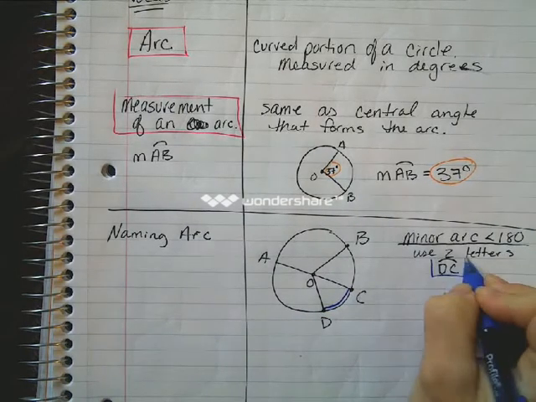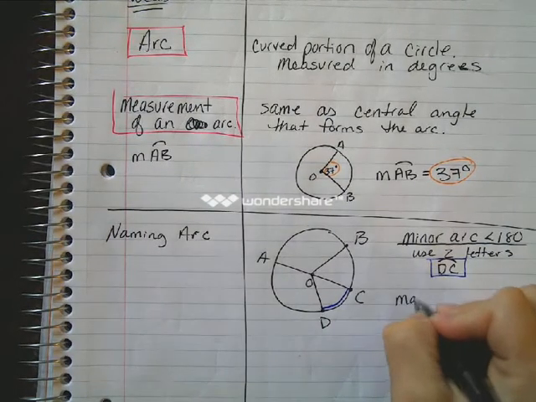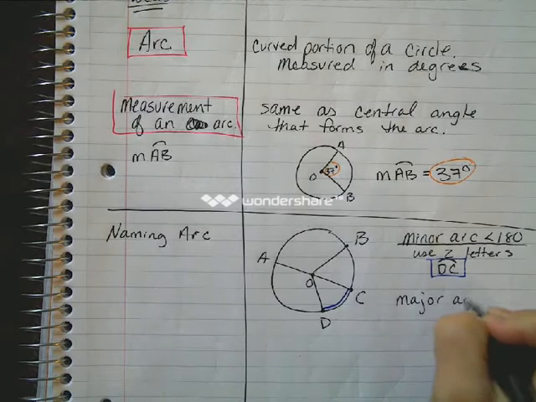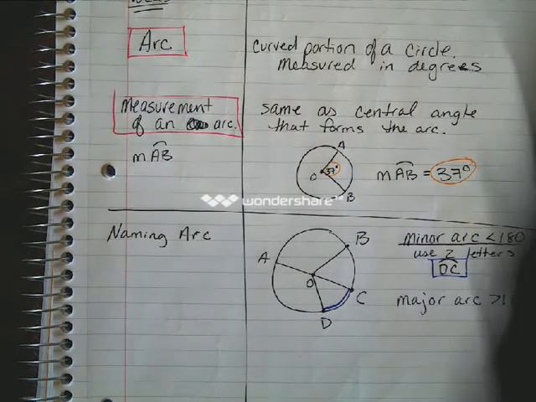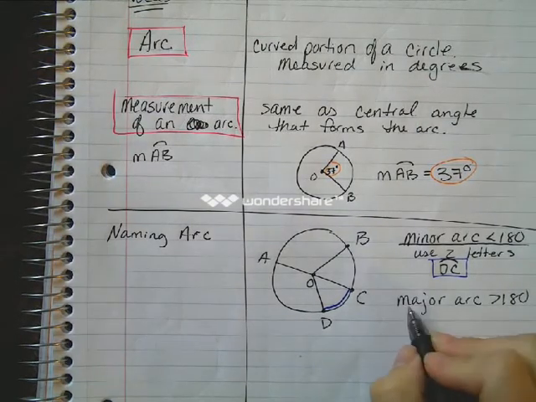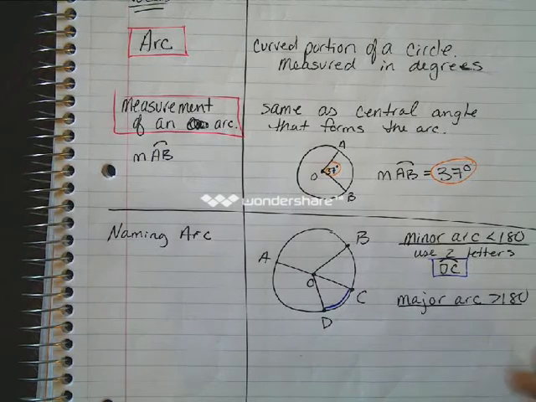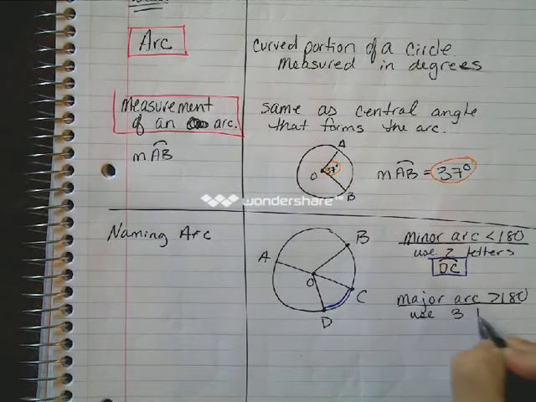A major arc is bigger than 180. You're going to use 3 letters. So an example of that would be B, D, A.